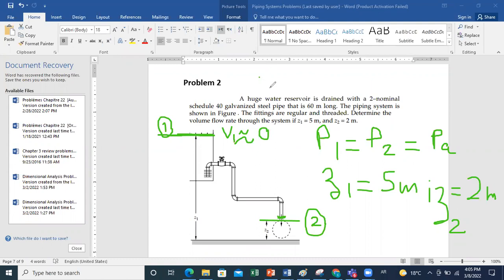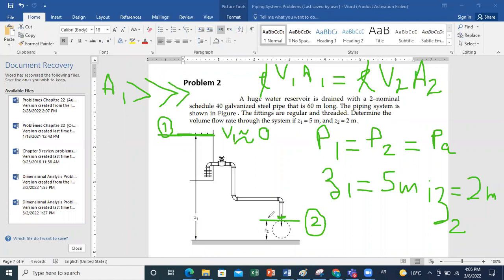So you can say that rho V1 A1 is equal to rho V2 A2. Since it's an incompressible flow, rho will not change, so rho will cancel out. And because A1, the area at section 1, is much larger than the area at section 2, I can say that V1 is much smaller compared to V2, and then we can approximate it by 0.